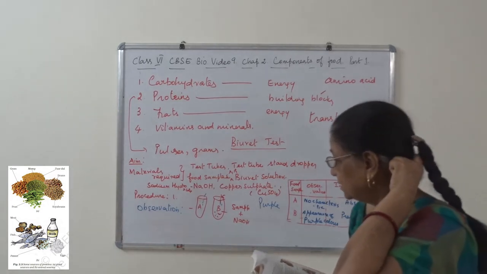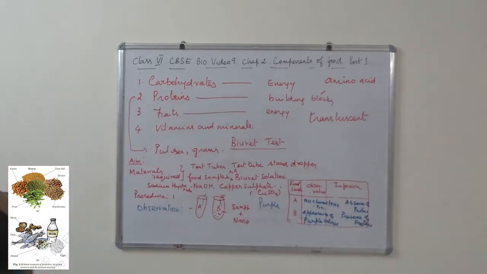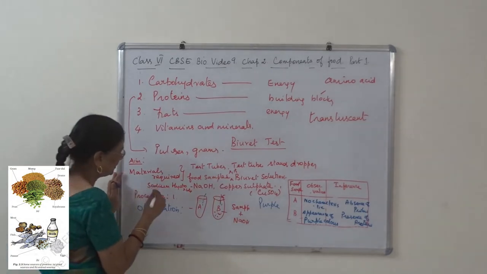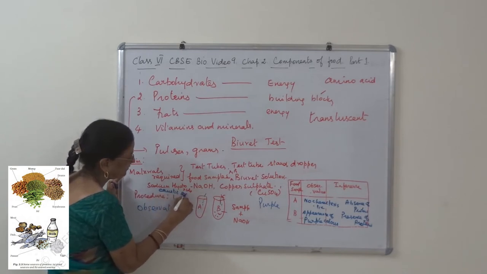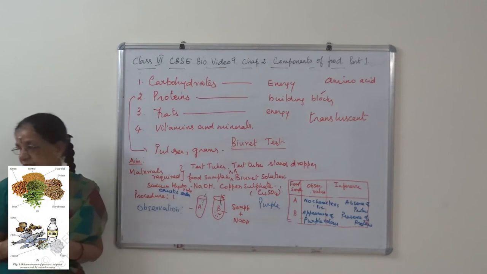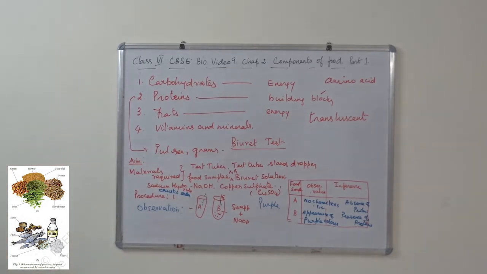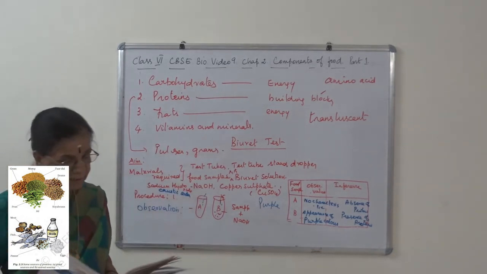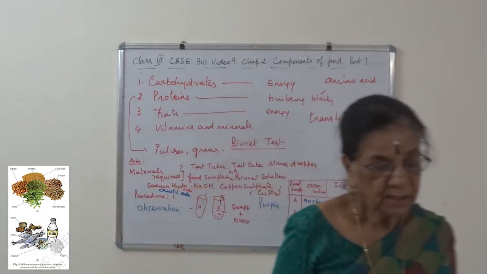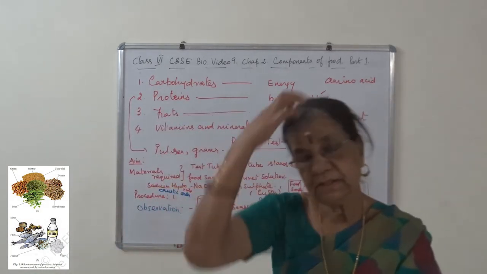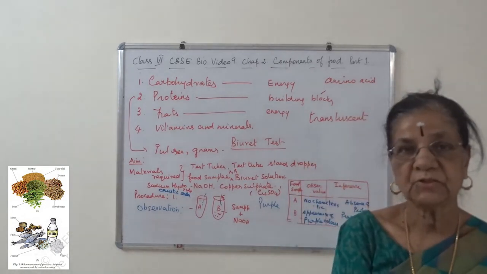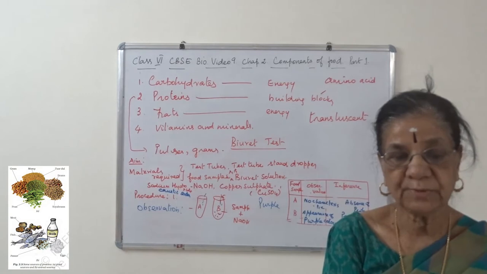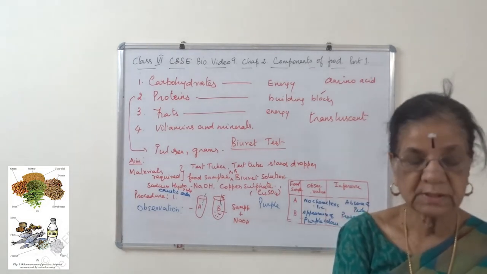Sodium hydroxide is caustic soda. Then you add copper sulfate along the sides of the test tube and shake well with the sample and the caustic soda.